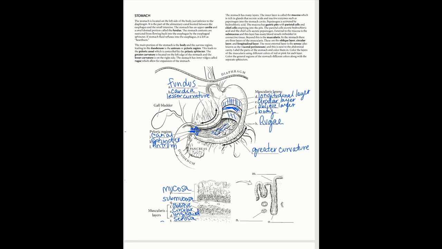If we take a look at just this cutout here, we're looking at just the surface of the mucosa. We have a couple things going on here. Where we have this section here, where it's kind of like a gap, this is called a gastric pit. And at the bottom of that pit, we're going to have parietal cells.